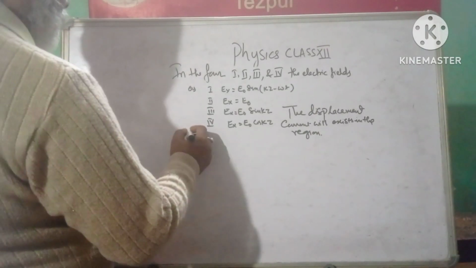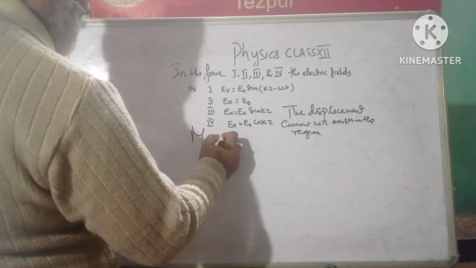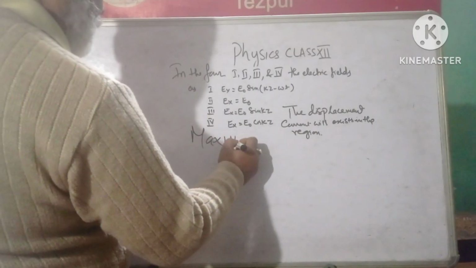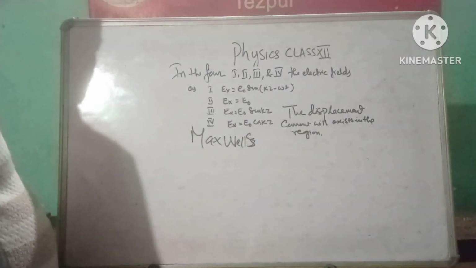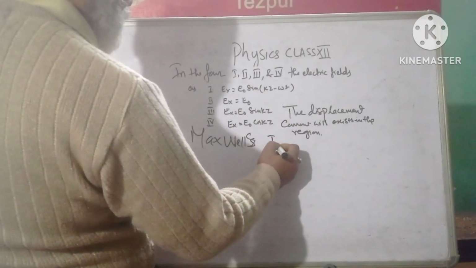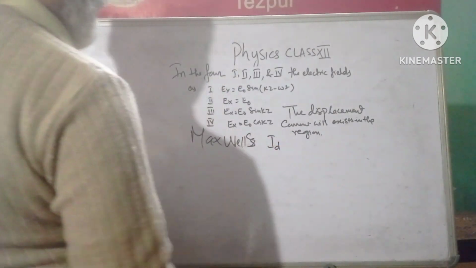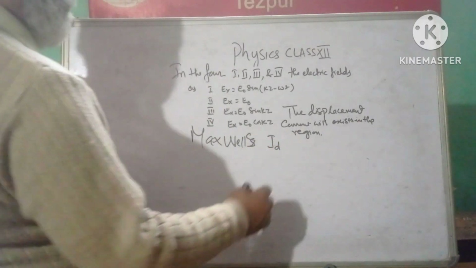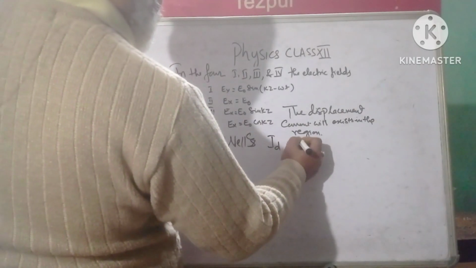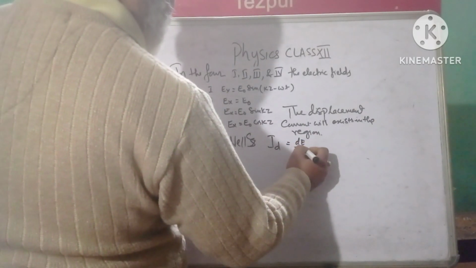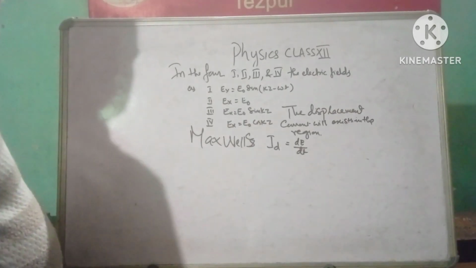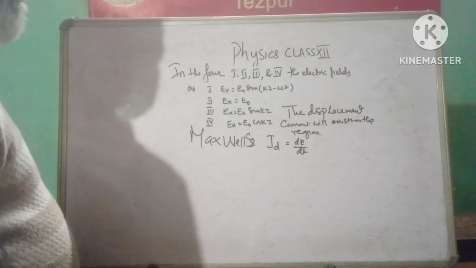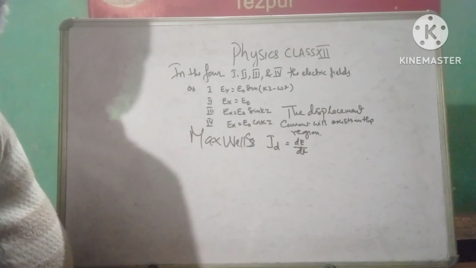So according to Maxwell's equation, there is displacement current if there is a time varying electric field, means dE by dt is present. There is displacement current when there is a time varying electric field.